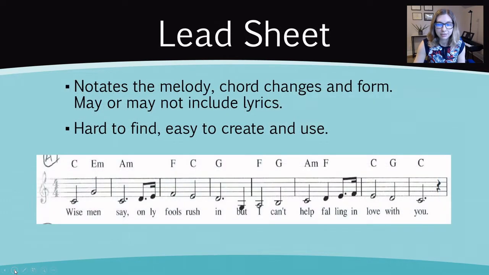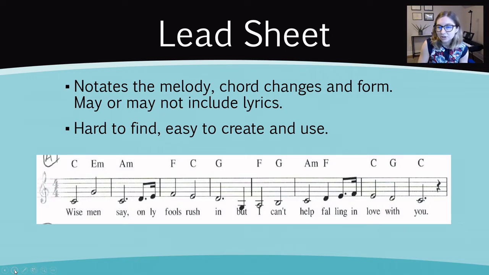So my third and last example of sheet music that you can use is a lead sheet. Now, this is my favorite, but it's the hardest to find. You probably won't find this unless you do a lot of digging. There's a lot of Beatles music that's out there in lead sheet form. Sometimes there's extremely easy versions of this where the notes are written out, like there's a little C and a G inside the note.